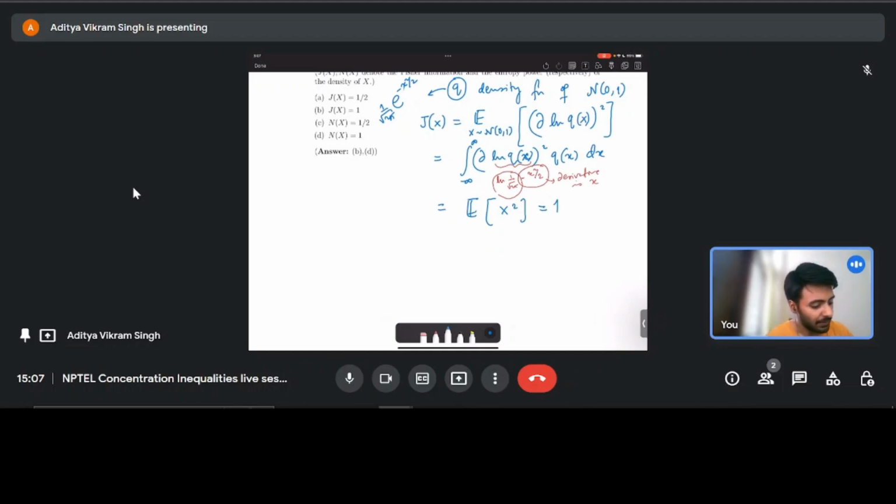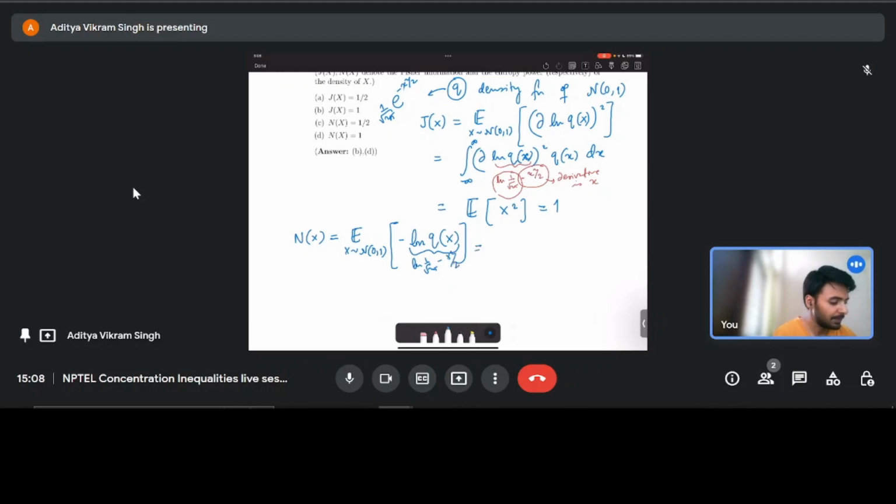Now let's calculate Nx. Nx is the expected value of minus ln q of x. Again we know that ln q of x, just like before, is ln 1 by root 2 pi minus x square by 2.